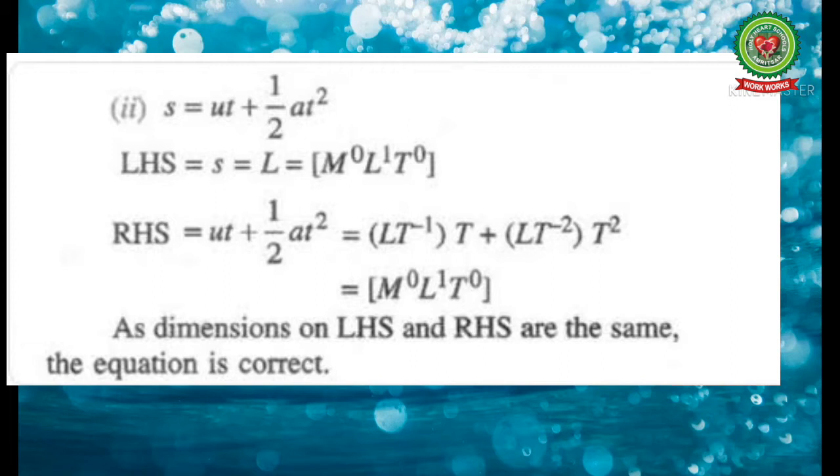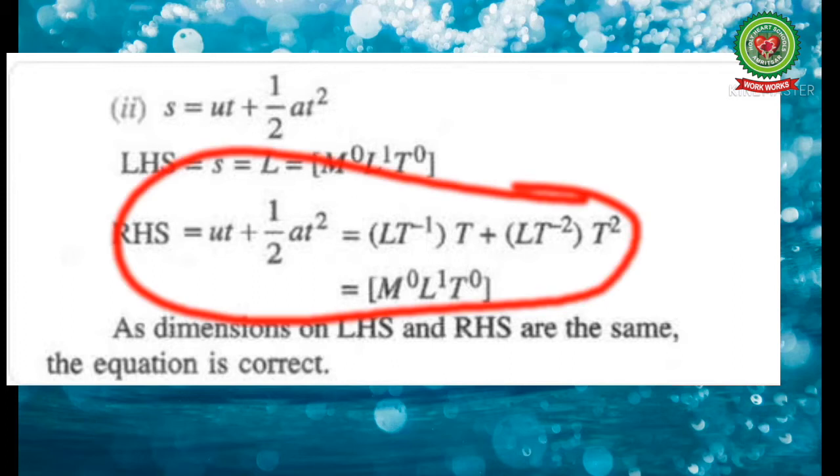Second equation is s equal to ut plus half at square. S is distance, so it's having dimension of L, that is M0 L1 T0. Right hand side we have ut plus half at square. U is again velocity, so its dimension is LT minus 1. T has dimension capital T. Half is a constant quantity and hence it has no dimension.